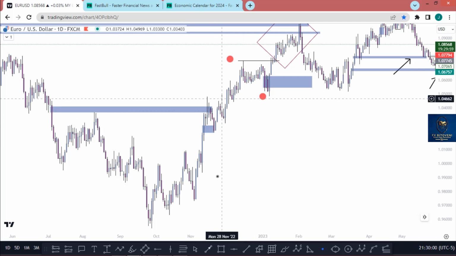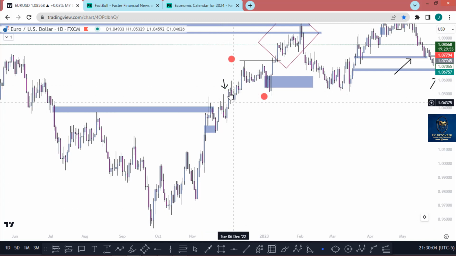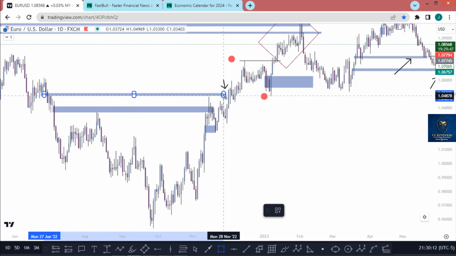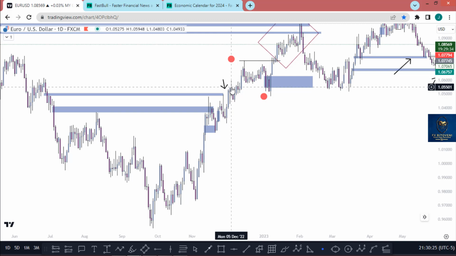Then the market pushes higher. Look at this week. Where is it coming from? Look left. You have an imbalance resting here. The market touches within your imbalance and pushes down to look for another imbalance resting below, and then the market goes higher.